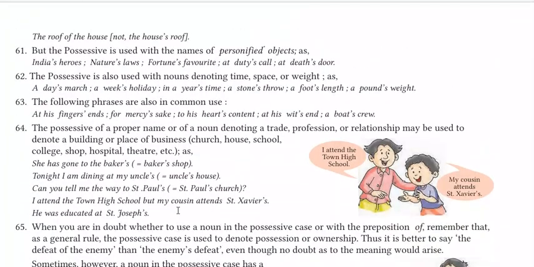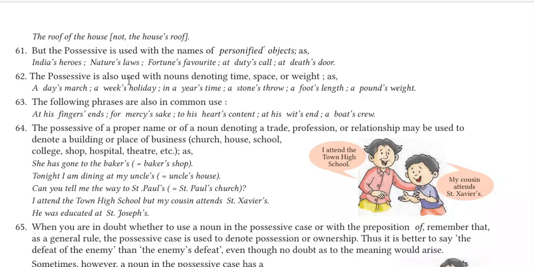Coming towards some more rules. The roof of the house, not the house's roof. But the possessive is used with the names of personified objects, for example India's heroes, nature's laws, fortune's favourite, duty's call, and death's door. So when they are personified, we can put an apostrophe with them.